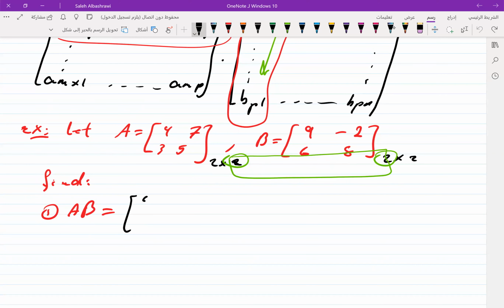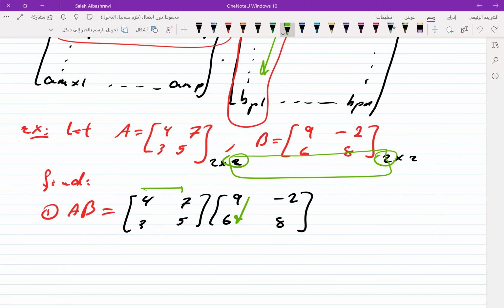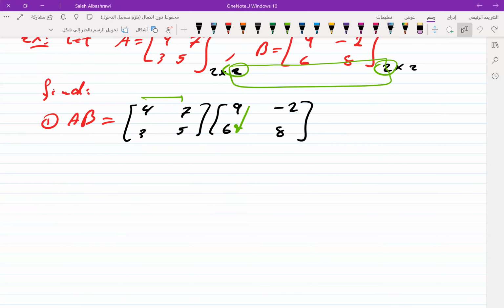A is given by 4, 7, 3, 5, multiplied by 9, 6, minus 2, and 8. Horizontal, then vertical. So the multiplication of these two matrices will give me 4 by 9 plus 7 by 6: first one with the first one in the column, second with the second, and we add them.